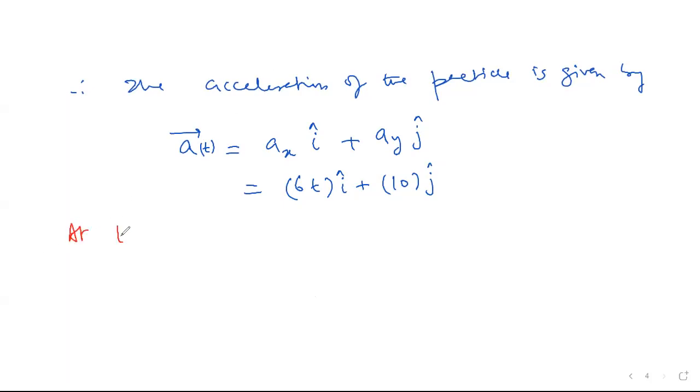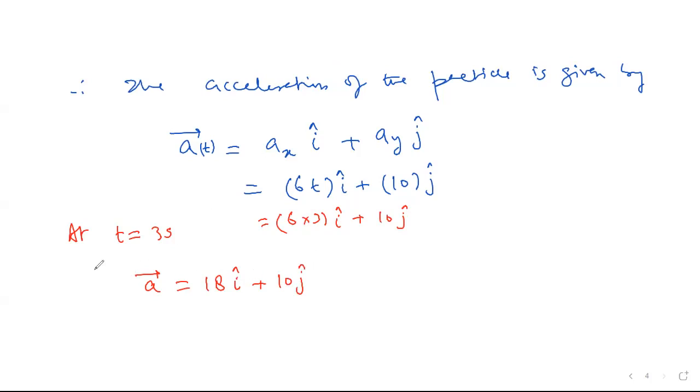Now at t equal to 3 seconds, what is our acceleration? For t equal to 3 seconds, it is 6 into 3 i cap plus 10 j, so it is just 18 i cap plus 10 j.